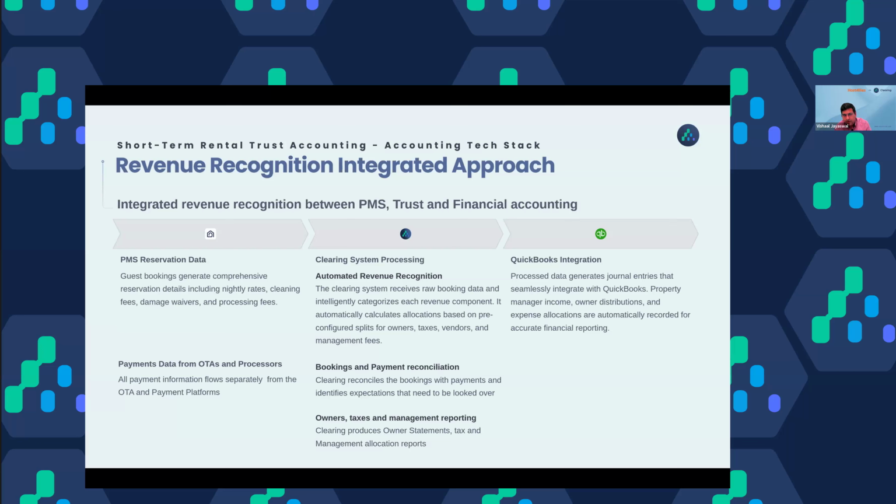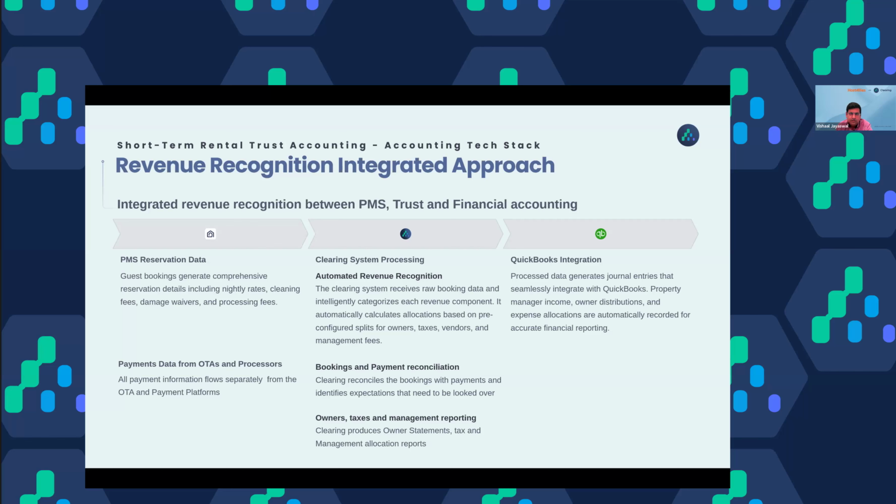This reduces human error, it improves reporting speed, and lets you easily trace the transactions from the booking all the way through the payout. In practice, manager income, owner distributions, and expense allocation all flow through journal entries, providing accuracy and real-time financial visibility.